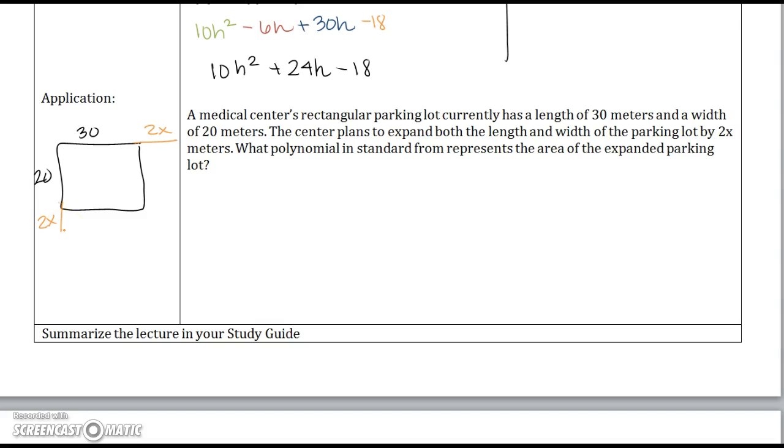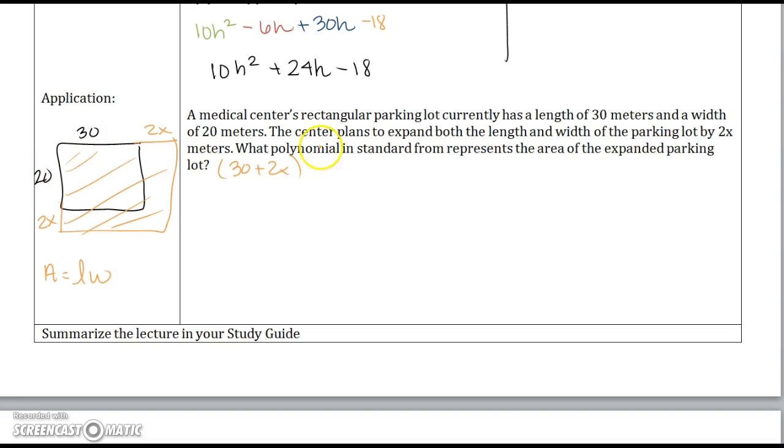What polynomial in standard form represents the area of the expanded parking lot? What I'm trying to find out is the area now that we have expanded this whole thing. You have options, beautiful people. Let's look at this as an expression first. I'm going to need to multiply 30 plus 2x. Why am I multiplying? Because area is equal to length times width.